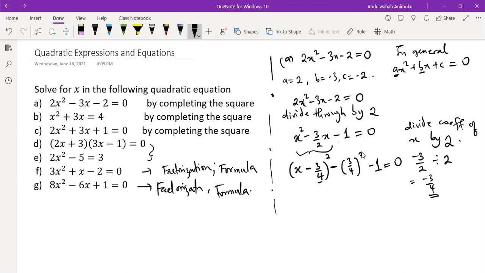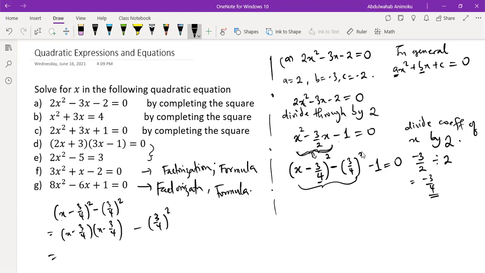Now, this particular term that we have here is actually equal to this. You can expand it to see that they're actually the same thing. So let's just look into that for this problem and see if this is actually true. When we expand this, it is x minus 3 over 4 times x minus 3 over 4, then minus 3 over 4 squared.